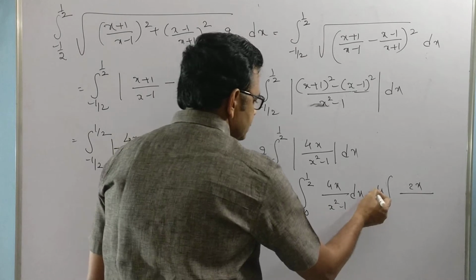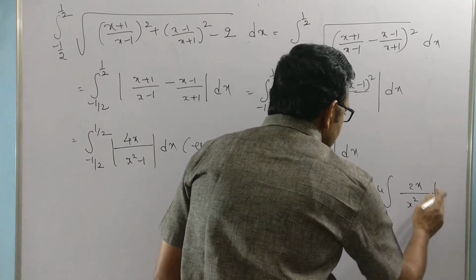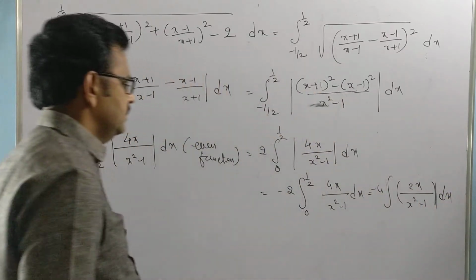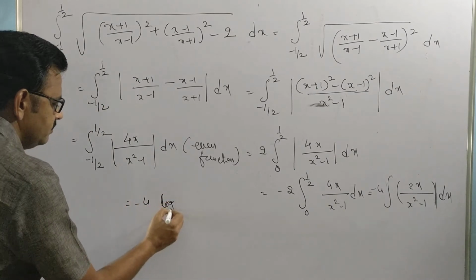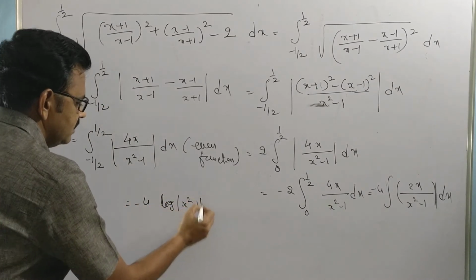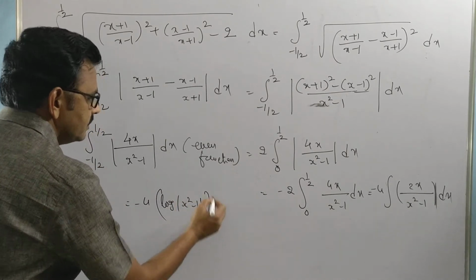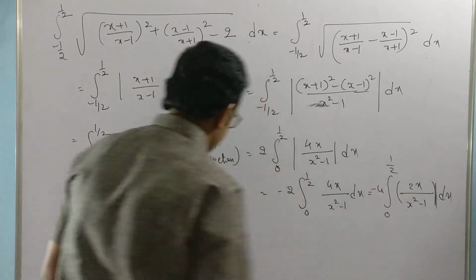This is minus 4 times integral of 2x by x square minus 1 dx. So that is equal to minus 4 into log of mod x square minus 1, with limits 0 to 1 by 2.